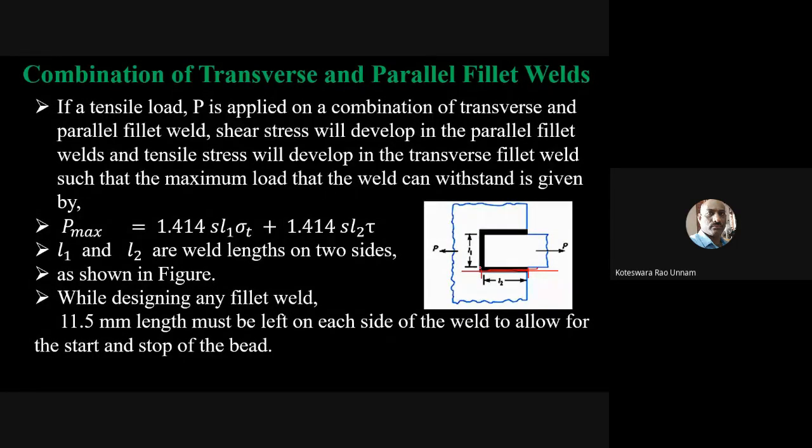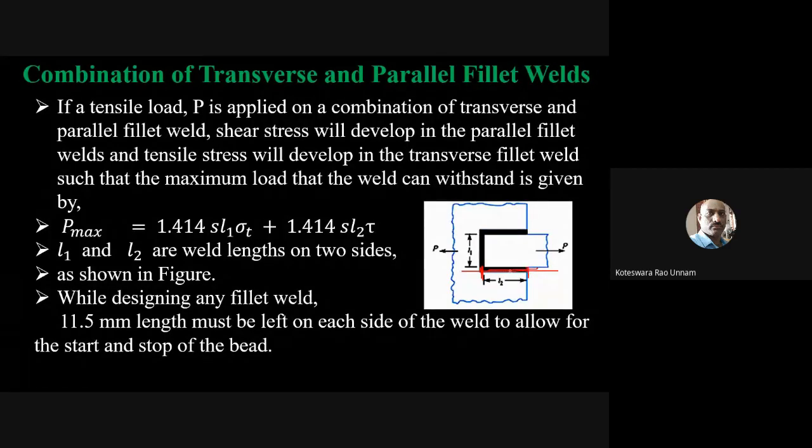Actually our requirement is to weld from this location to this location in this direction. But practically it is impossible to start exactly from this point and end exactly at this point, because the welding gun is moving with some velocity. Instantaneously I cannot start at this point, and similarly I cannot stop exactly here.